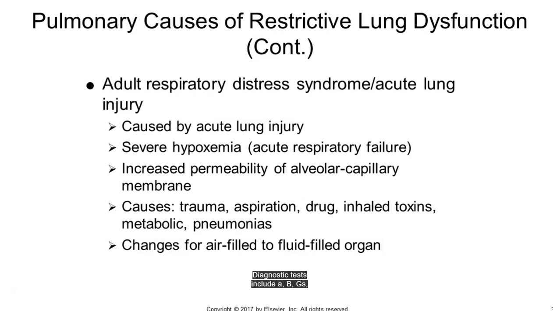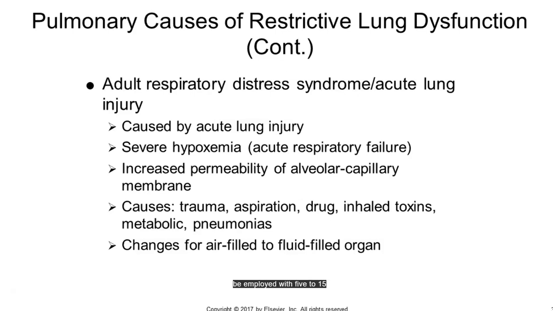Diagnostic tests include ABGs, which will show PF ratios less than 300 for ALI and less than 200 for ARDS, chest x-rays with bilateral diffuse fluffy infiltrates, decreased breath sounds with possible wheezing, rales, and rhonchi, tachycardia, and PFTs consistent with RLD. Treatment is aimed at correcting the underlying cause and supporting the patient with mechanical ventilation with lung protective strategies, usually using tidal volumes of 4 to 8 milliliters per kilogram.